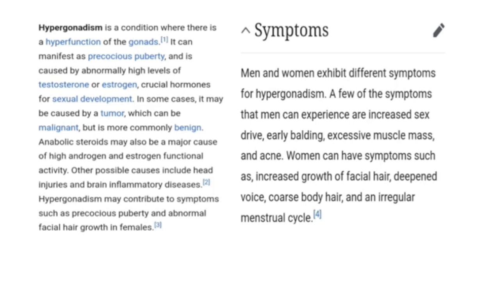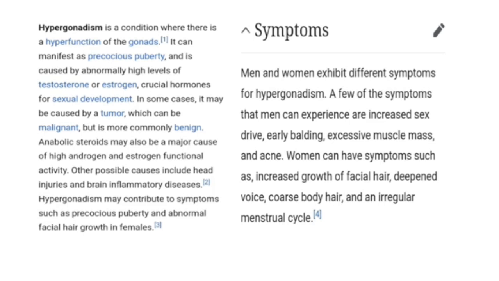Then maybe there is an intake of anabolic steroids, which may also be a major cause of high androgen and estrogen activity. Other possible causes include head injury and brain inflammation disease. Hypergonadism may contribute to symptoms such as precocious puberty and abnormal facial hair growth in females.